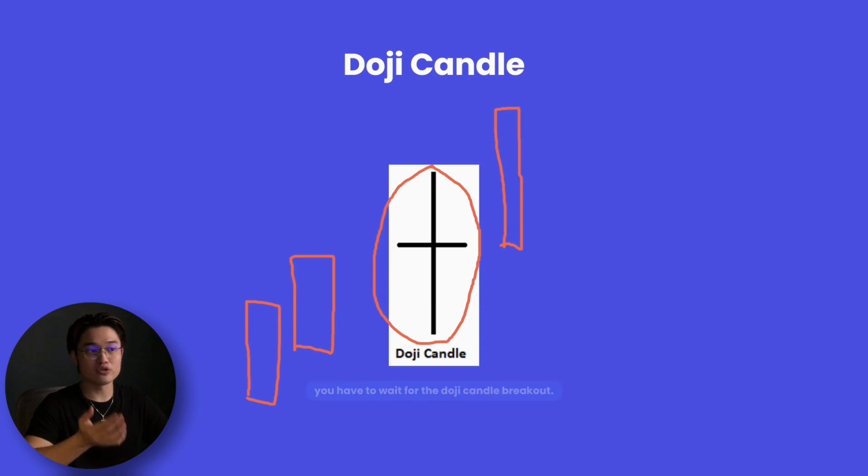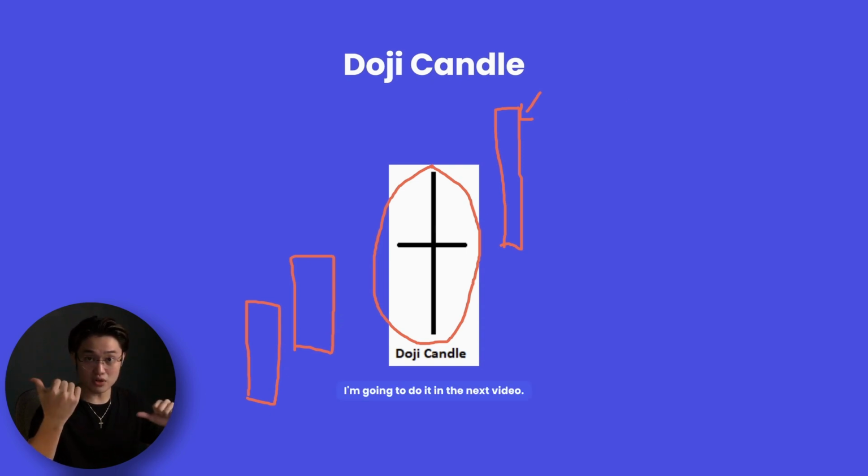For the entry point, you have to wait for the doji candle breakout, like this one. In this video I'm not going to talk about how to enter the market with this candlestick formation. I'm going to do it in the next video because it would be too long for this kind of content. Let's erase all.